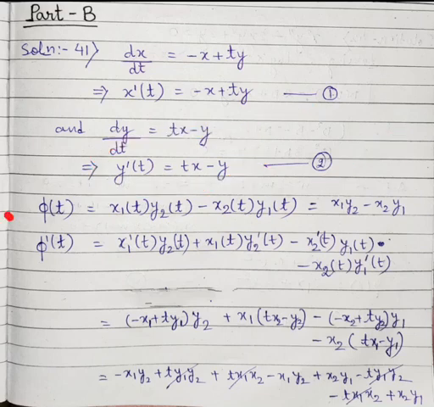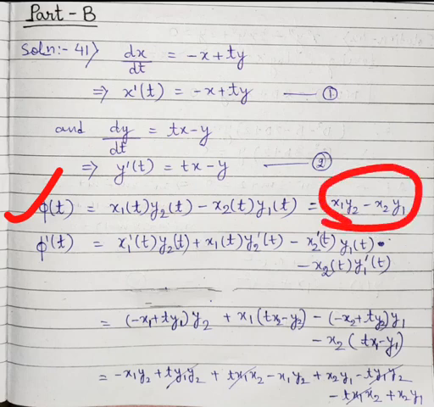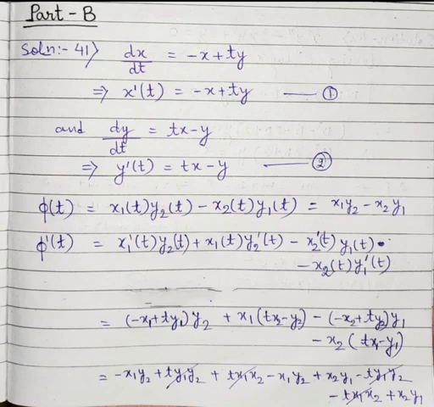Now we have the value of phi(t), which is a function of t, so we can write it as x1 y2 - x2 y1. Next we will differentiate phi(t) to get phi'(t).